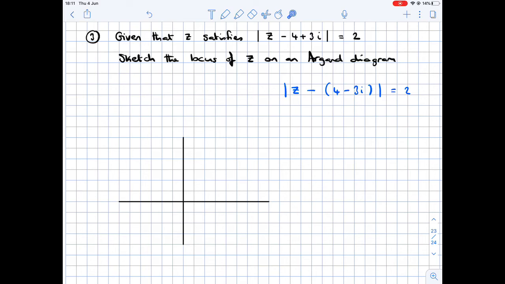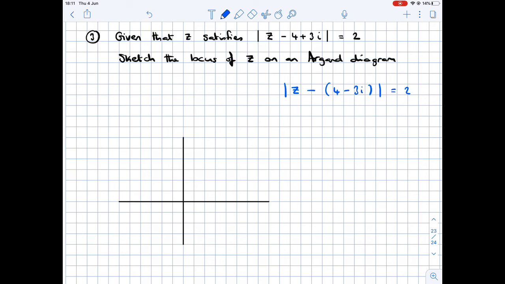So to be clear here, z minus, okay, minus 4, and minus minus makes our positive 3 up here. So it needs to be in this form where we are one number minus the whole of the other number. What this tells us then is the centre is 4 minus 3i and the radius is 2.